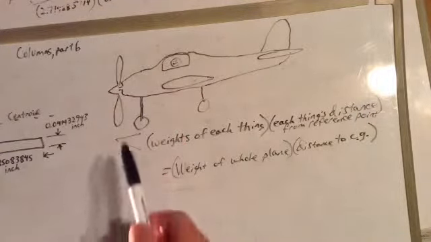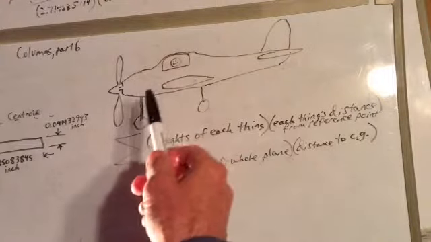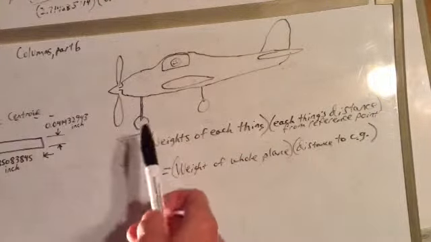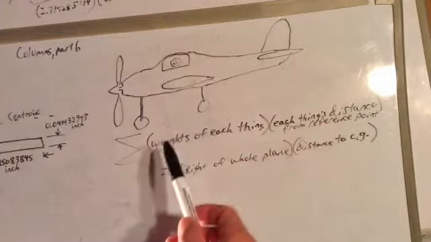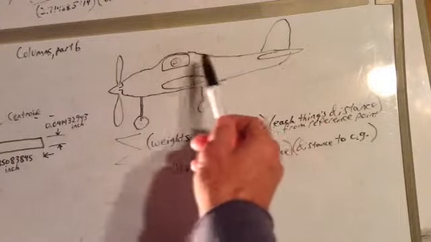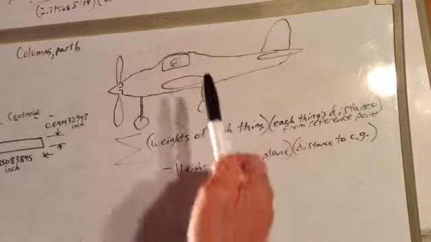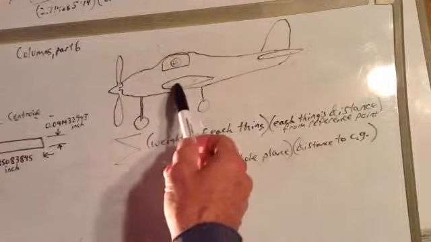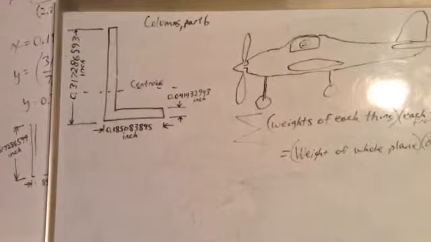Write that down. Keep adding all these weights times their distances from the reference point. And when you get everything on the airplane added up, you divide what you have by the total weight of the airplane, and that gives you your distance from your reference point to the center of gravity. So we'll do the same thing with our cross-sectional area here.